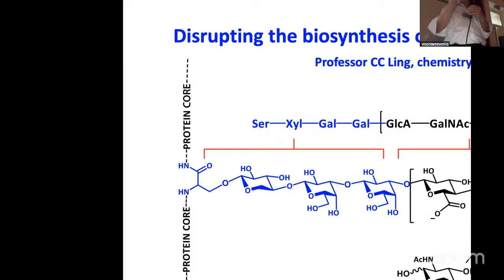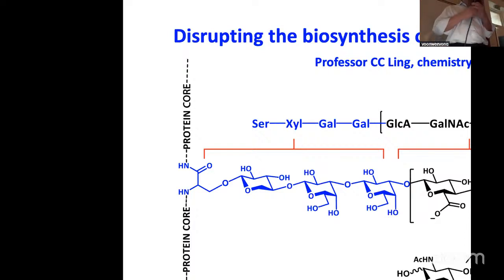Sorry, I got that reversed. In CSPGs, the GAG is N-acetyl galactosamine, which itself is formed from N-acetyl glucosamine by this 4-epimerase enzyme.